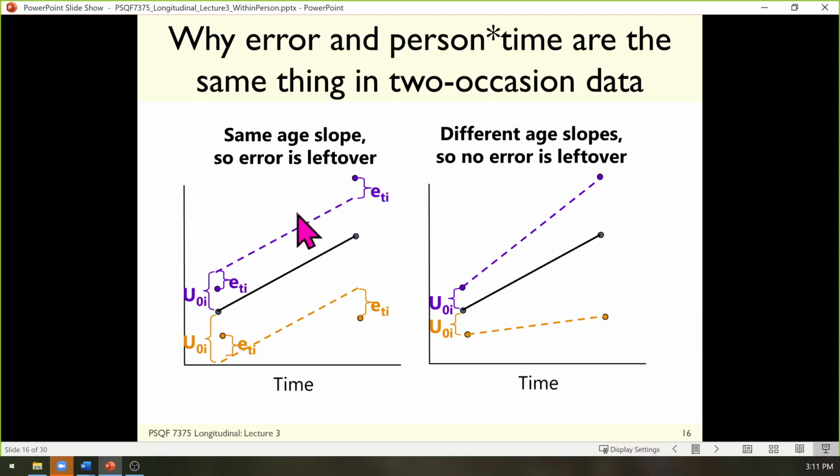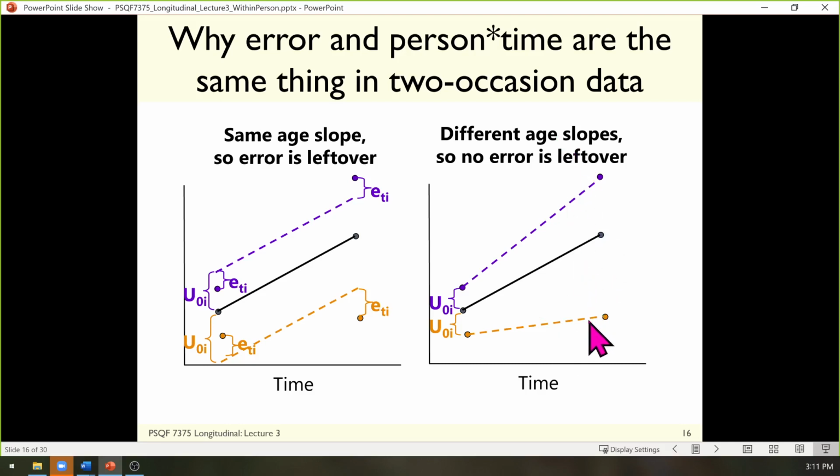So I can either do it like this, or I can do it like this, where no, it's not that people have residual variance left over, it's that they need their own slope. And once I give people these non-parallel lines, I don't need E anymore. So either I have a person by time interaction, which is the picture on the right here.